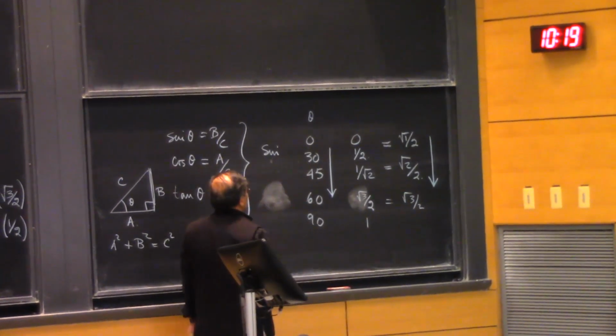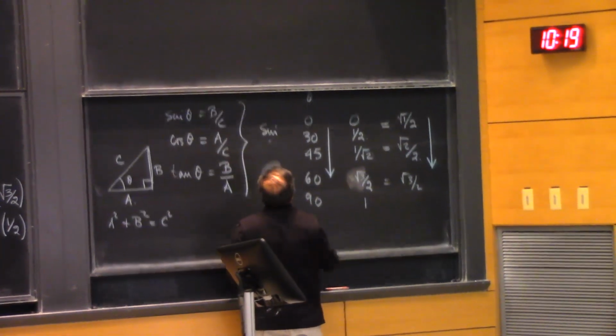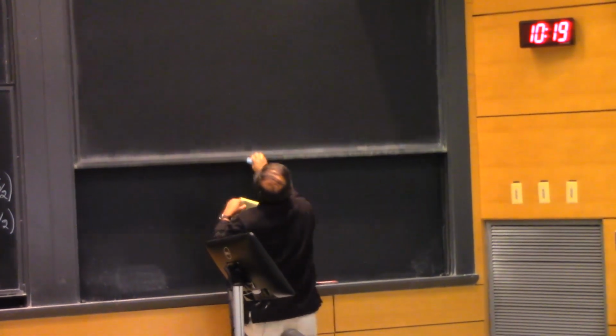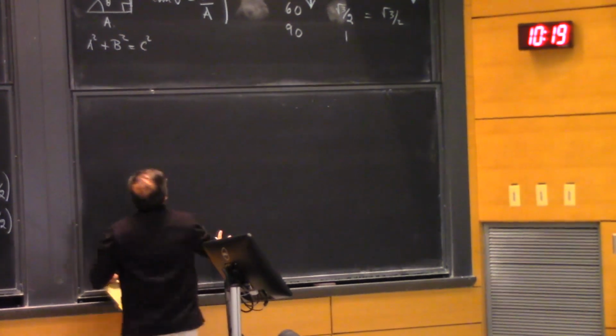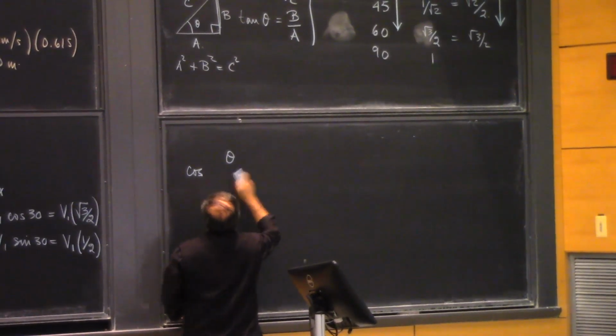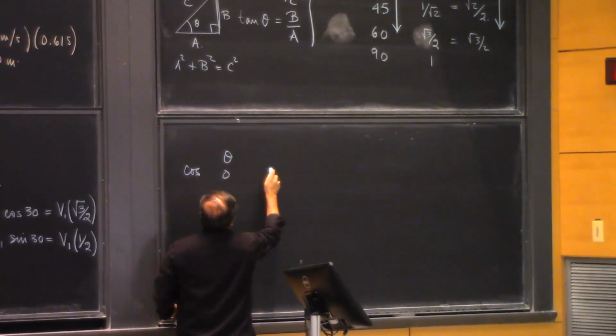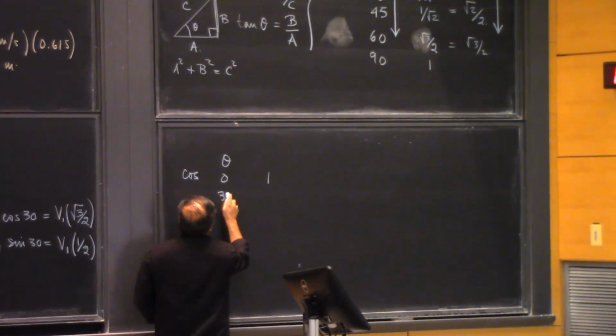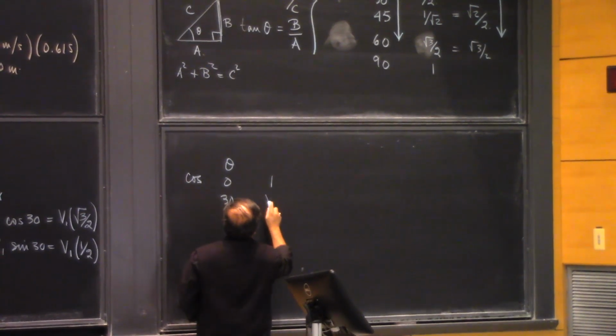Cosine is just the opposite. So in other words, cosine of 0 will turn out to be 1. Cosine of 30 is going to turn out to be root 3 over 2.